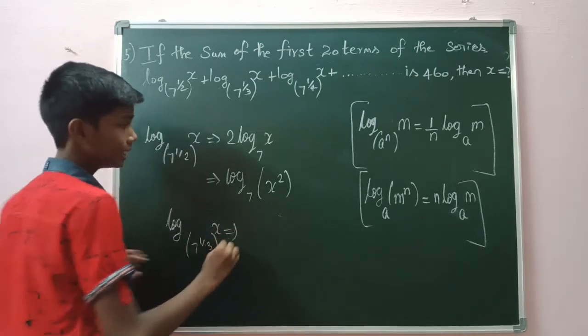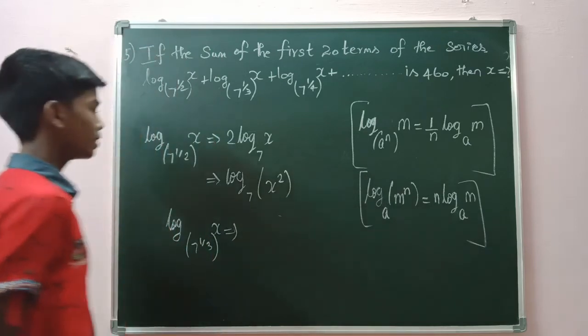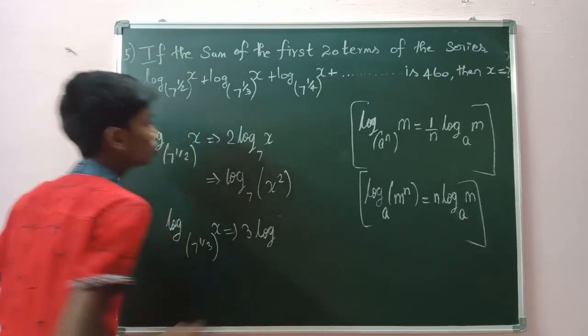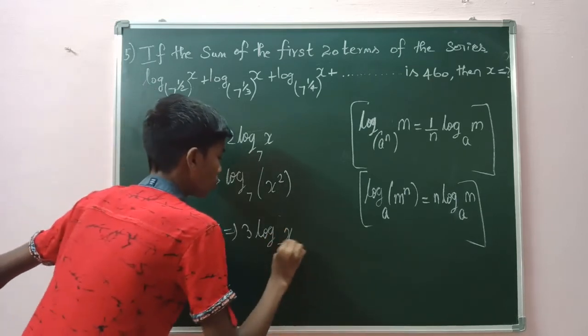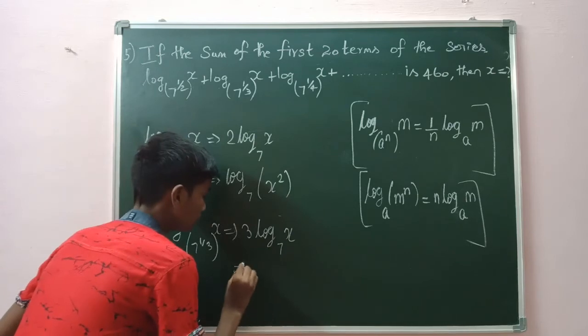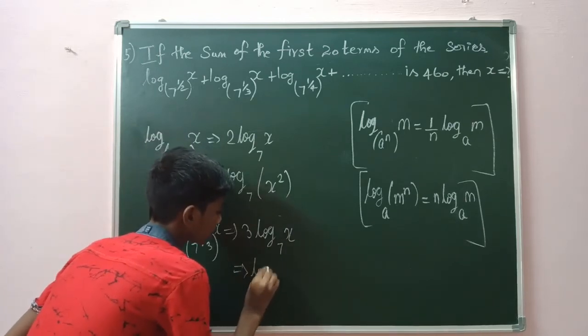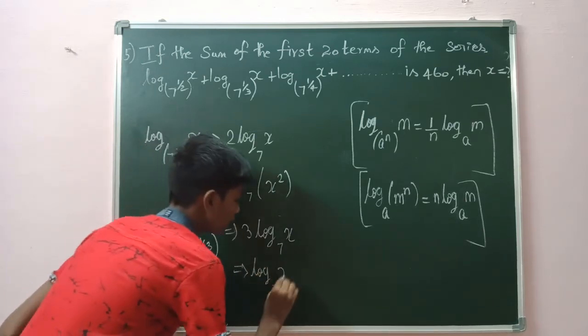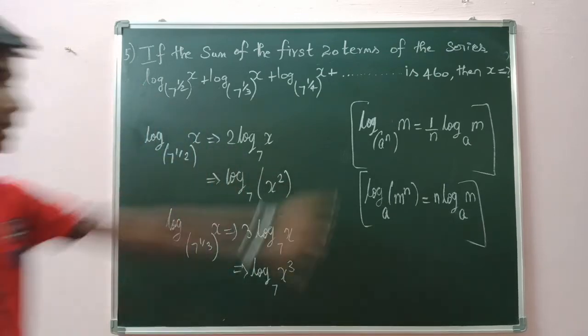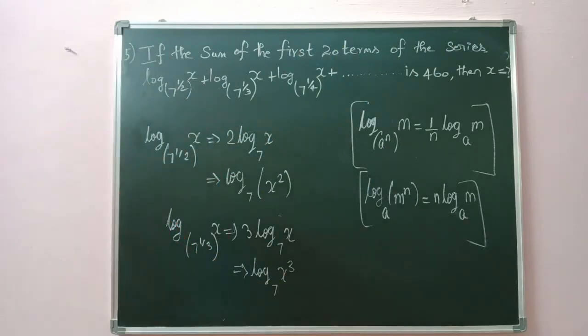Again use these two log properties. I'll get 3 into log to the base 7 of x. Then take this 3 inside, and I'll get log to the base 7 of x cube. This will be your second term. Very important, make a note of it.